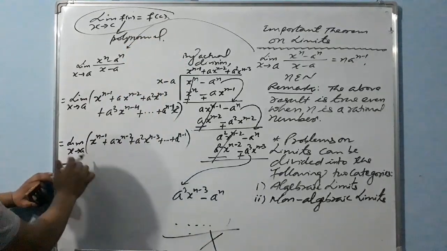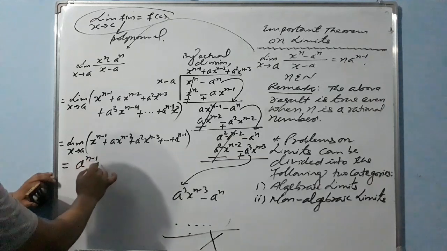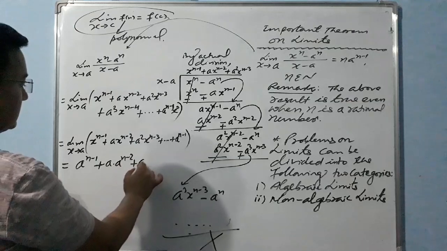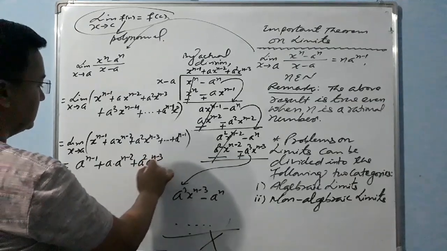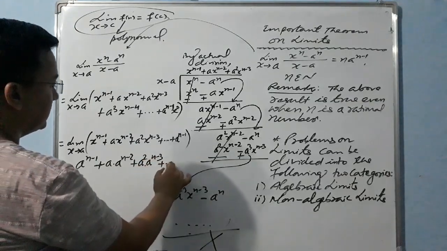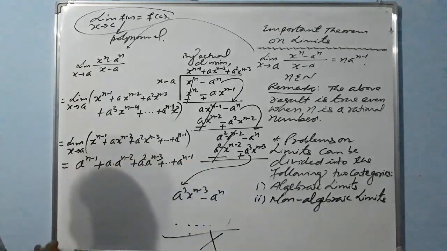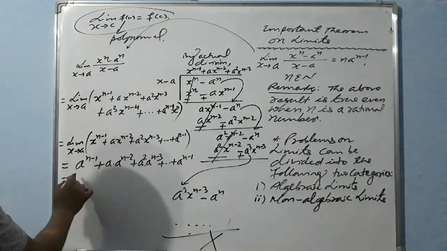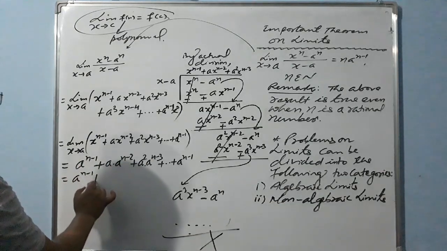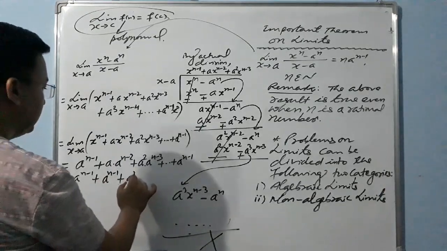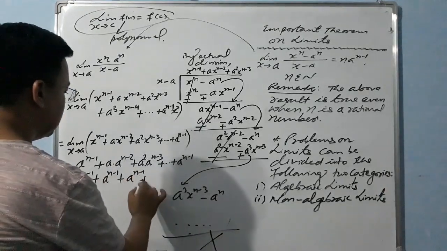We can write down a^(n-1) plus a·a^(n-2) plus a²·a^(n-3) plus and so on, up to n terms, and plus a^(n-1).